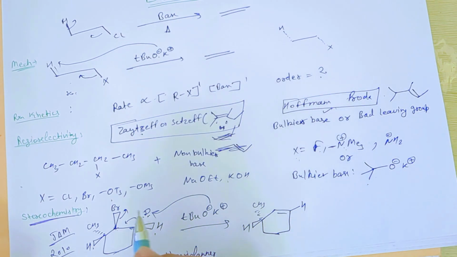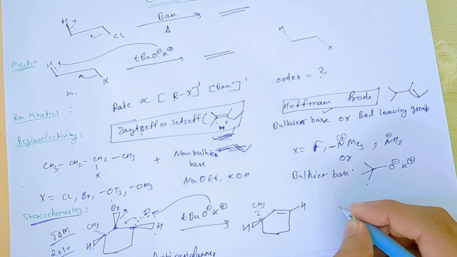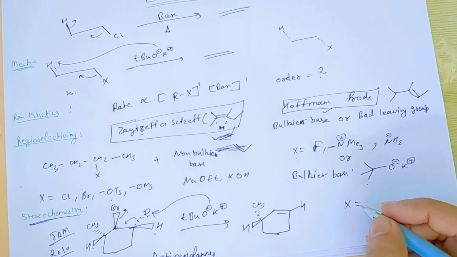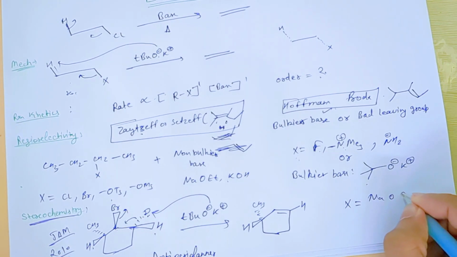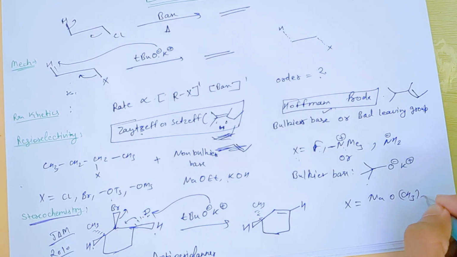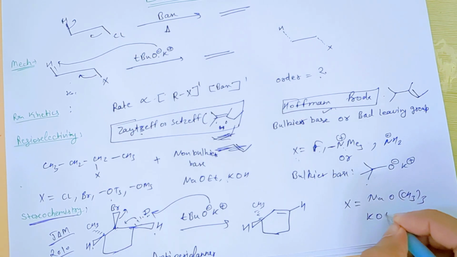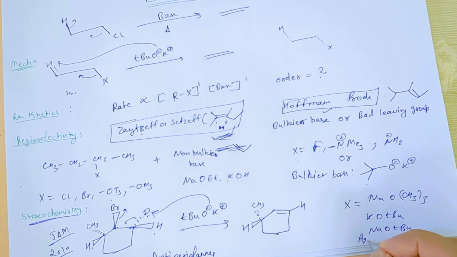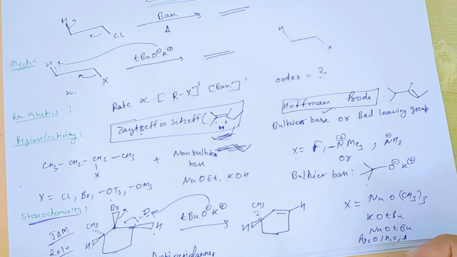And I have to give some examples of bulkier base. That will be bulkier base: KO tertiary butyl, NaO tertiary butyl, and also Ag2O and heat, okay.